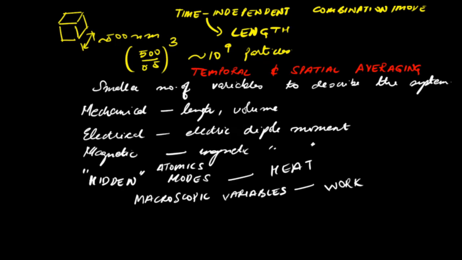Similarly, if there is a change in magnetic or electrical dipole moment, you can have energy transfer in terms of electric or magnetic work. But that work is related to change in macroscopic variables or macroscopic quantities that we can measure. But we've lost some information due to this averaging process about these hidden modes which correspond to heat.